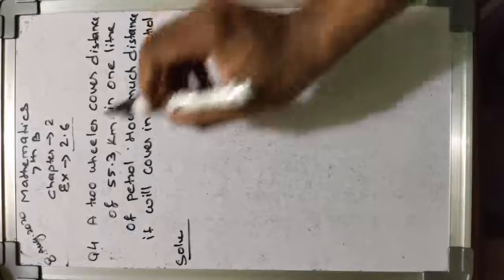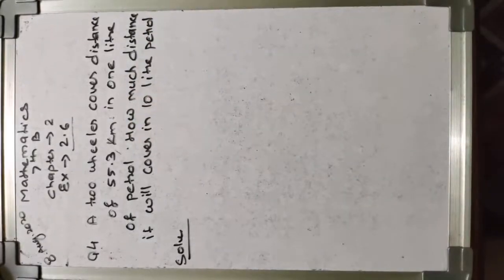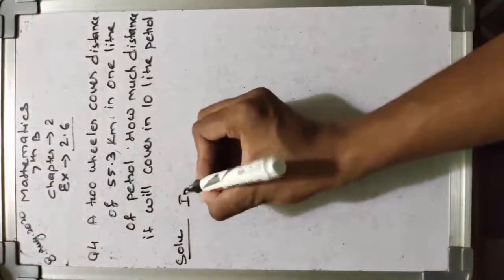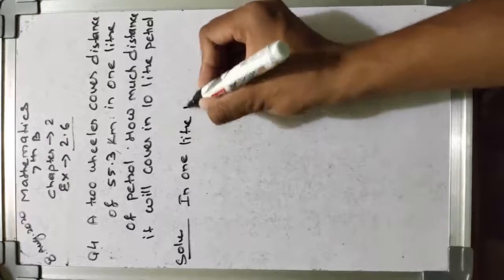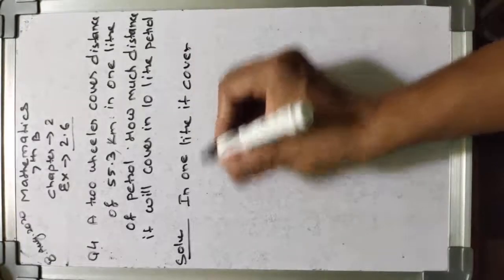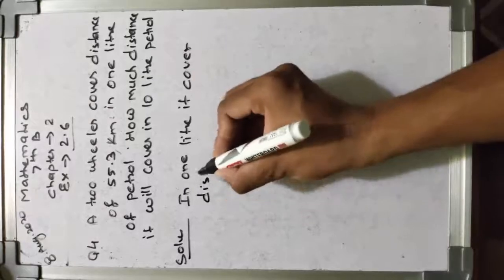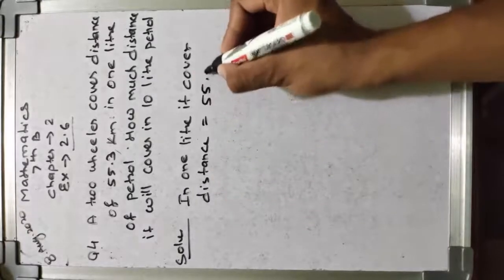So a two-wheeler means a bike, a vehicle having two wheels. So we can say a bike covers a distance of 55.3 kilometer in 1 liter. So in 1 liter the distance it covers is equal to 55.3 kilometer.